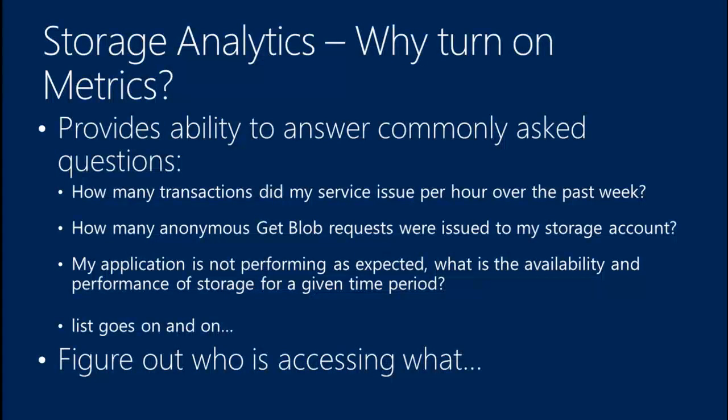Use something like IIS Smooth Streaming where the blobs are literally chunked up, so each chunk is in and of itself a blob that has its own 60 megabytes per second. Once you have a finer grained partition scheme, which in tables is a partition key, in blob is the physical blob, and in queue is a single queue, the service can scale that out more and more based on the read or write pattern.